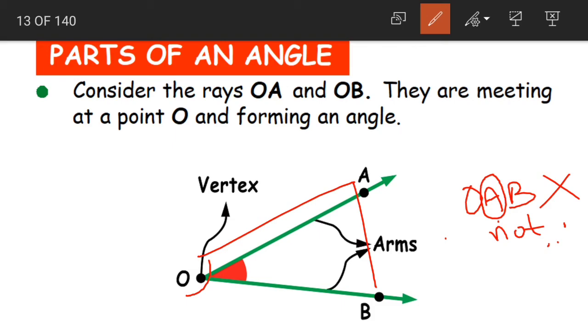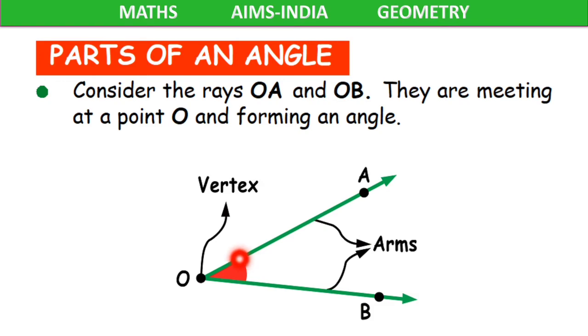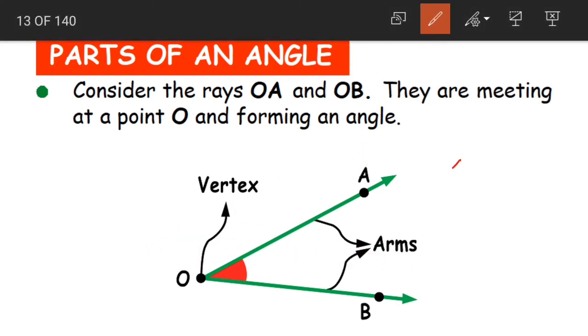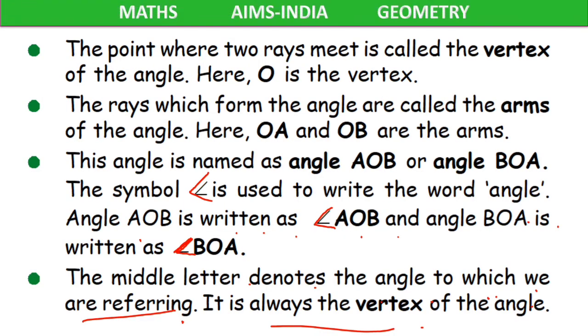Understood? Always the middle letter should be our vertex, and that will be our angle name. Angle O, nothing but angle AOB or angle BOA. Both are correct. What is our angle name? It can be called angle AOB or angle BOA.